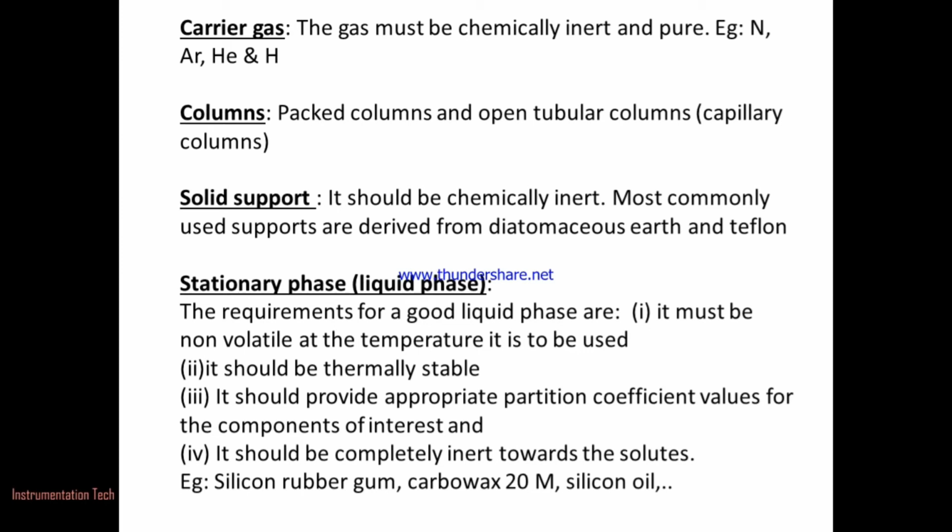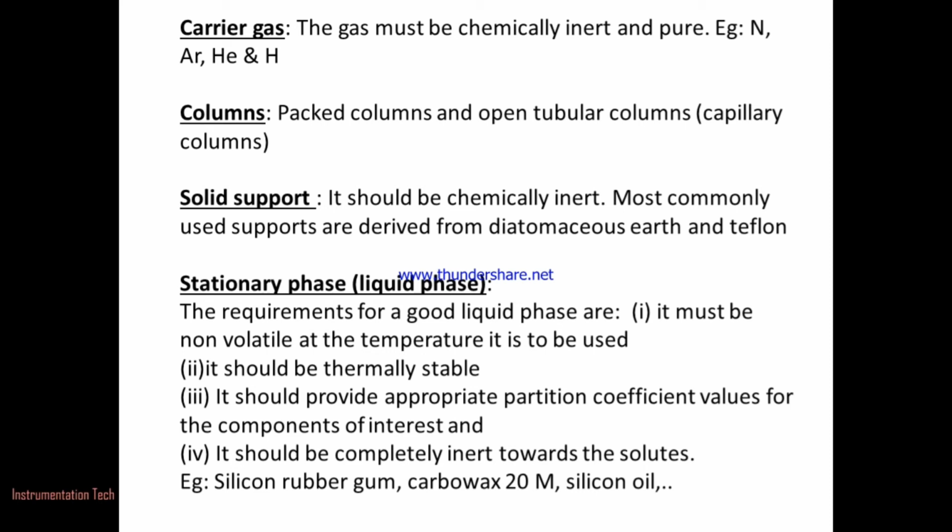Next, stationary phase. Here the stationary phase is a liquid phase. The requirements for a good liquid phase are: first, it must be non-volatile at the temperature at which it is to be used. Second, it should be thermally stable.